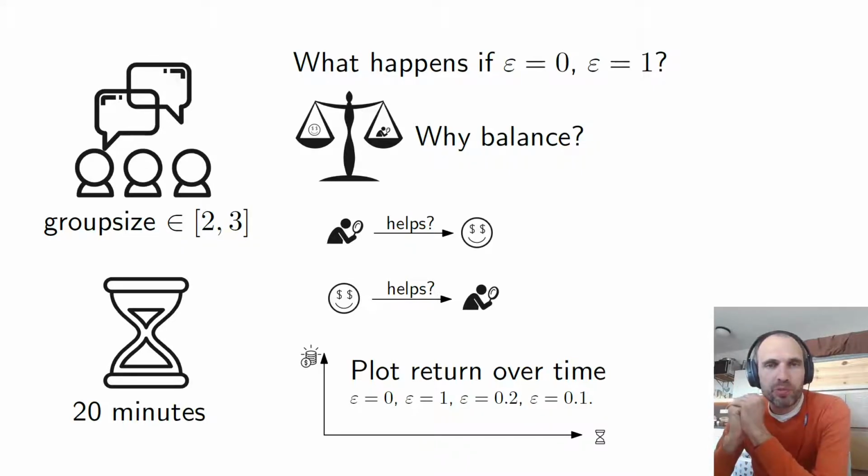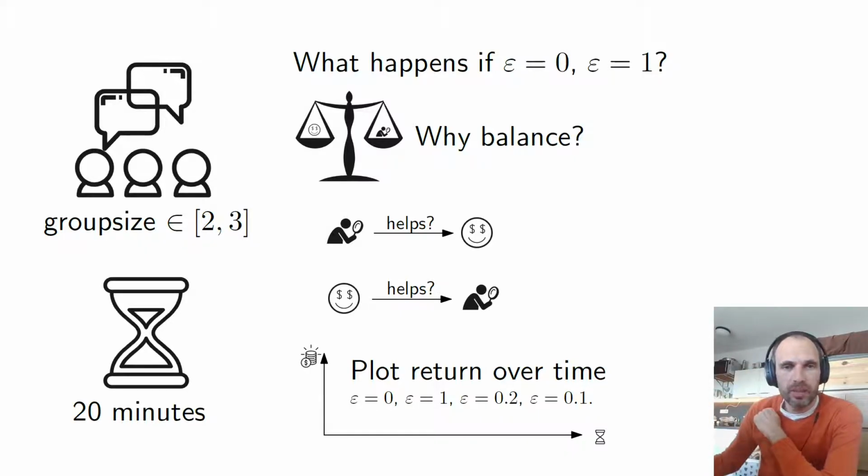Specifically, please write down in words why does exploration help the greedy strategy? But also, and that's maybe a little bit more counterintuitive, why does a greedy strategy help also exploration? That's really a question I want you to think about and write down the answer and discuss it in your group.